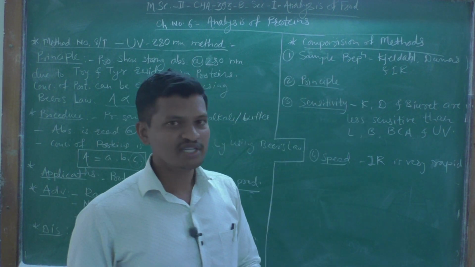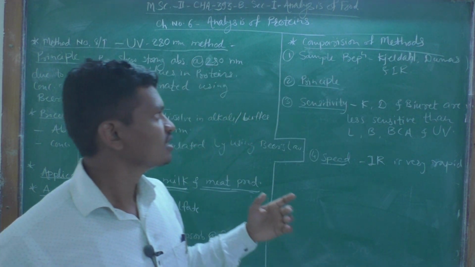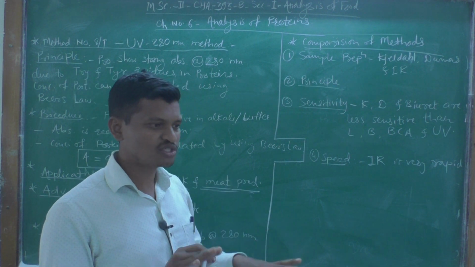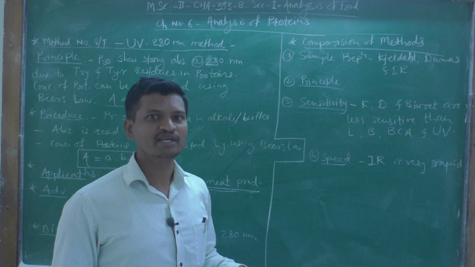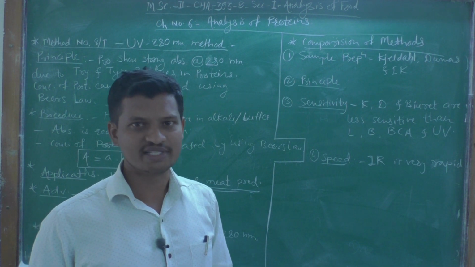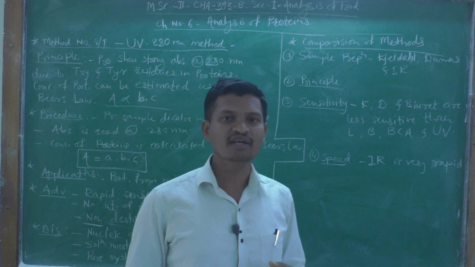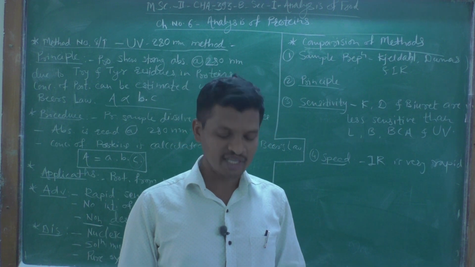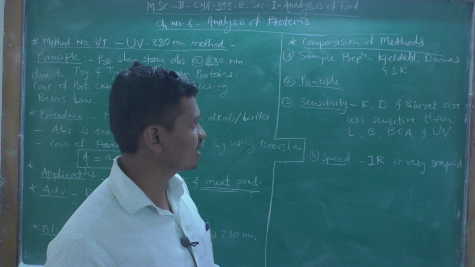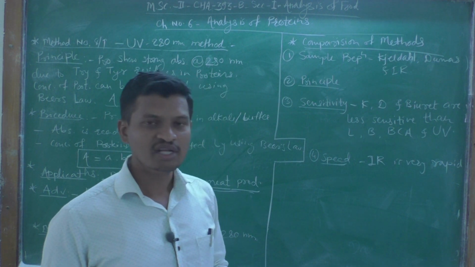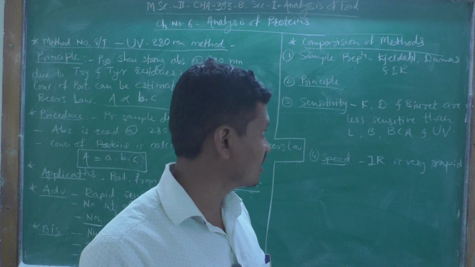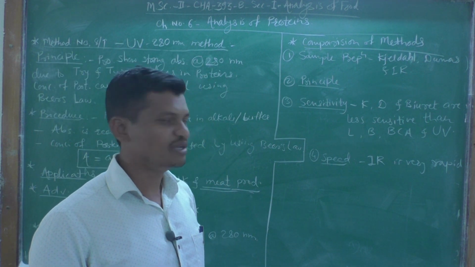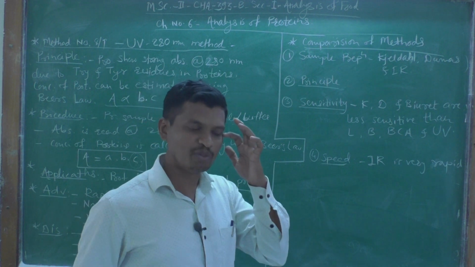So comparison of methods is given in your syllabus. Comparison of methods means we have to do a comparative study for all the methods given for protein analysis. We have studied a number of methods for this: the Kjeldahl method, then Dumas combustion method, then Biuret method, then Lowry method, then Bradford method, then BCA method, and this one is the UV method.